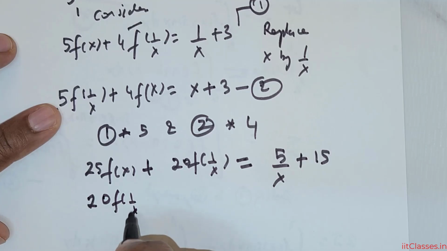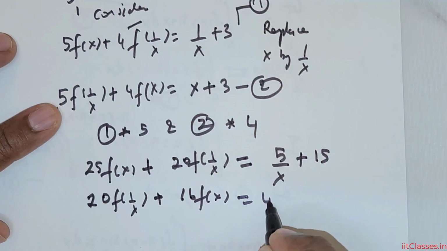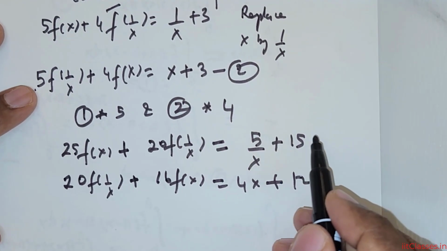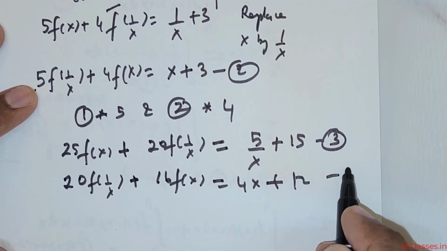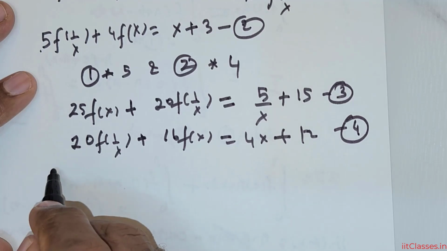So 20 f of 1 over x plus 16 f of x is equal to 4x plus 12. So these are my equations 3 and 4.